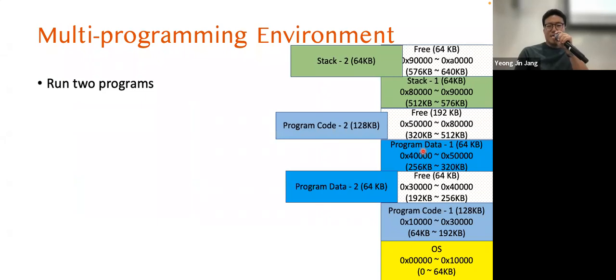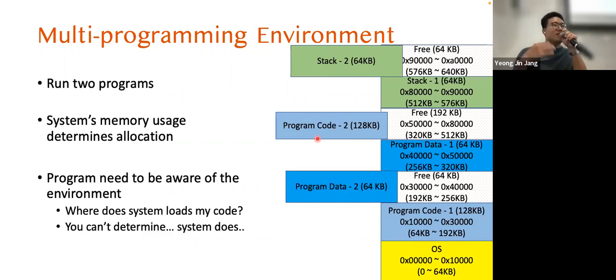To load that, we need to search for free space that can accommodate each section of the program. These free spaces need to be big enough to contain each of the code, data, and stack areas. In this case, it magically fits with some other area, so we can load it.